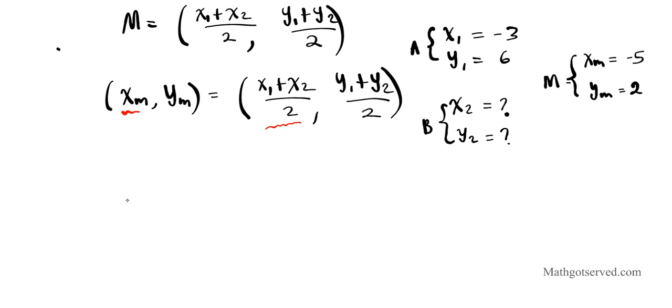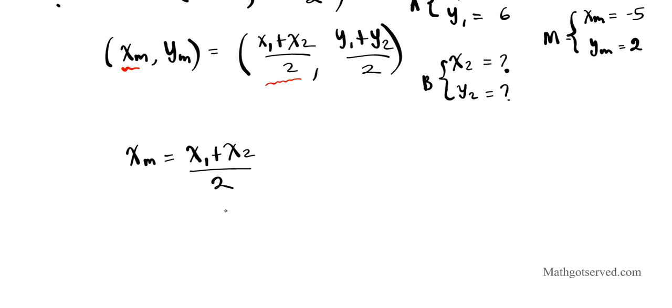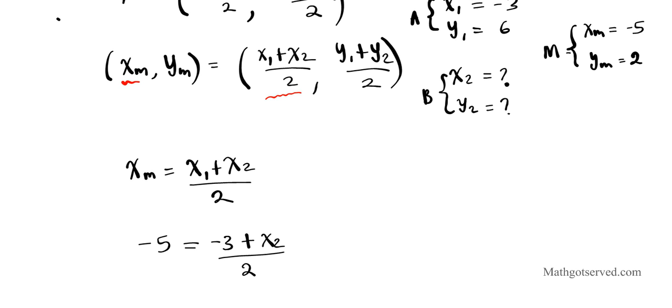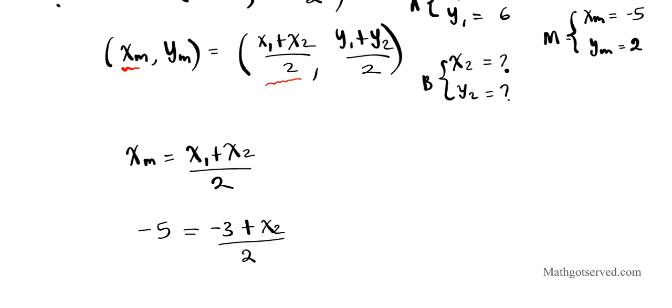The x-coordinate of my midpoint is the x-coordinate of the first point plus the x-coordinate of the second point divided by 2. I know that the x-coordinate of my midpoint is -5. The x-coordinate of point A is -3, plus the x-coordinate of my point B, which is x2, I do not know, divided by 2. If I can solve this equation for x2, then that will tell me what the x-coordinate of B is, and that will be the answer.